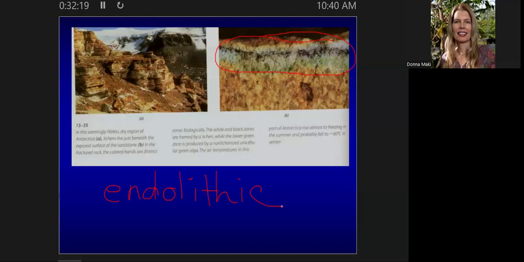So negative 60 degrees Celsius in the winter. They just tuck down into the rock material. They're still able to access sunlight, but they're protected in the rock. So pretty amazing abilities. Lichens can handle all kinds of adverse conditions.